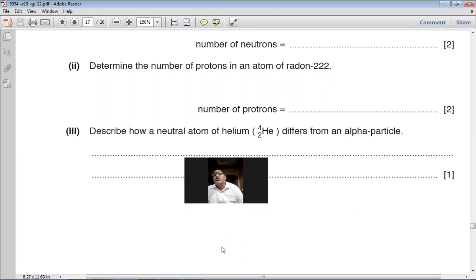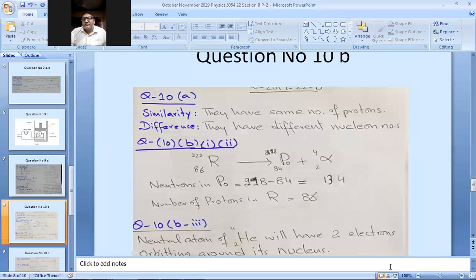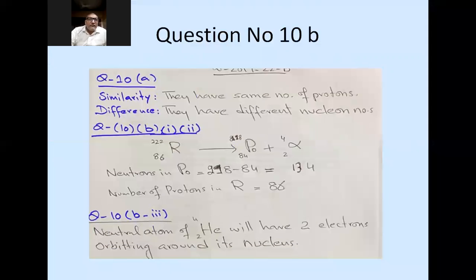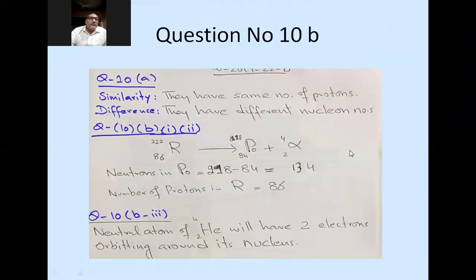So let me show you. I have written also the answer. A neutral atom of helium will have 2 electrons orbiting around its nucleus.